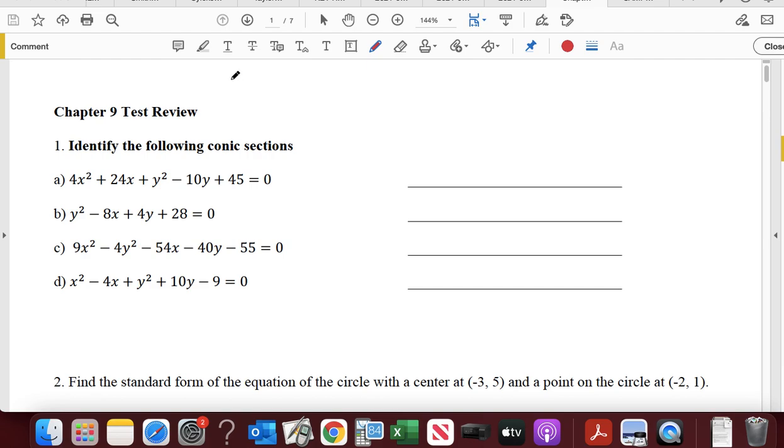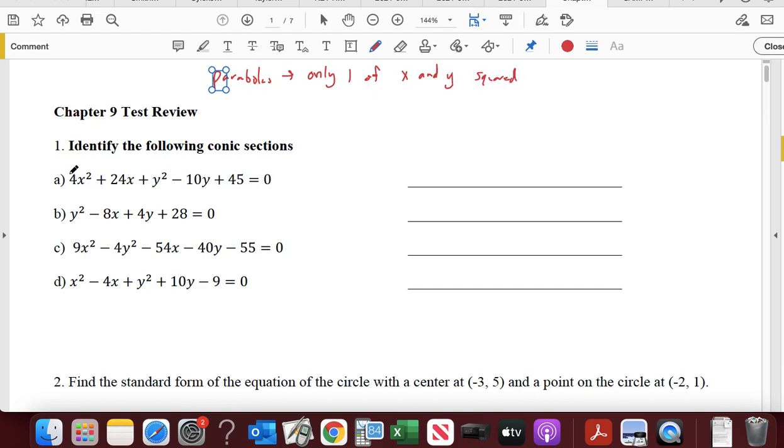Well, first of all, the easiest ones to identify are parabolas. Parabolas, as we remember, only have one of either x or y squared.